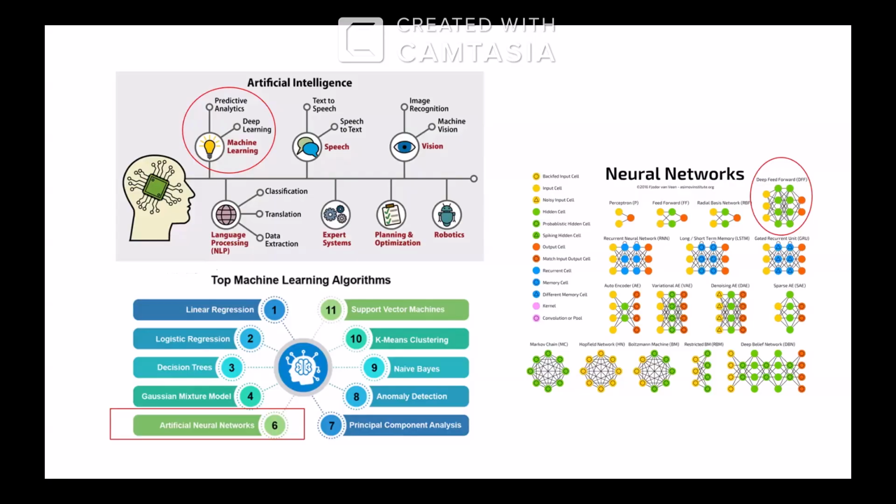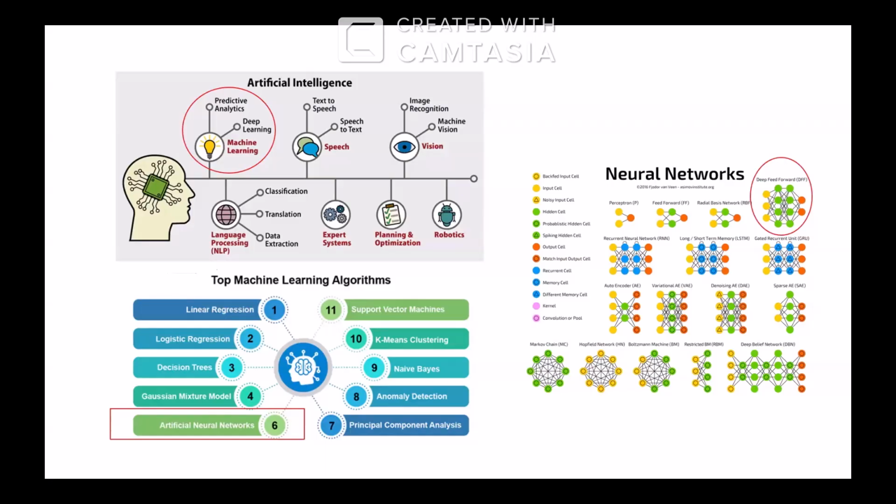And within machine learning, again, we have a bunch of families of algorithms based on the theoretical concepts in it, right? And one such family of algorithms which depicts the working of the human nervous system is called artificial neural networks.